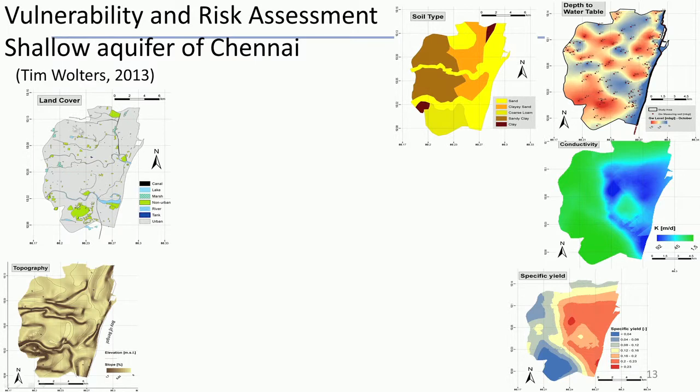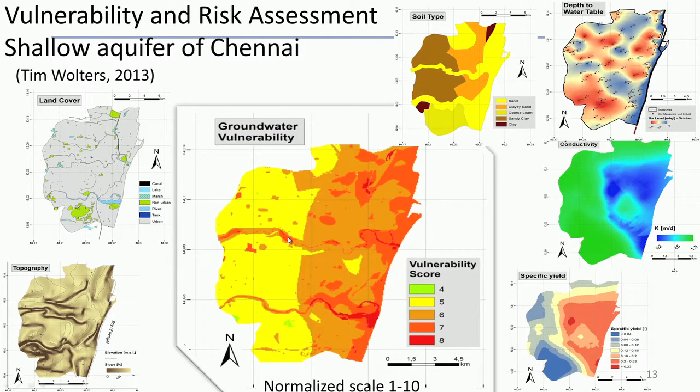So we have, for instance, the land cover information, topography, soil types, depth to water table, conductivity, and specific yields. If we had more data, we could compile additional parameters, or if one would be less reliable, we could eliminate one of these parameters and still come up with a vulnerability index.